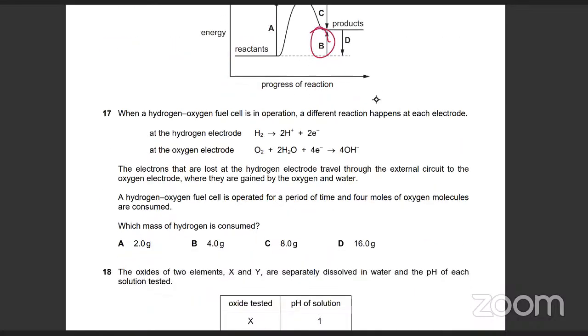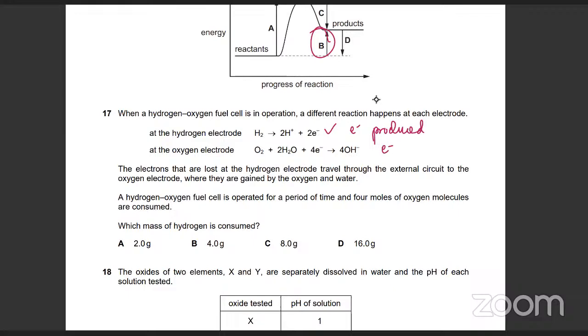That's the next one. A hydrogen oxygen fuel cell is in operation, a different reaction. Actually, I had explained to you that a hydrogen oxygen fuel cell has two cells. One in which electrons are produced, some reaction where electrons are being produced.